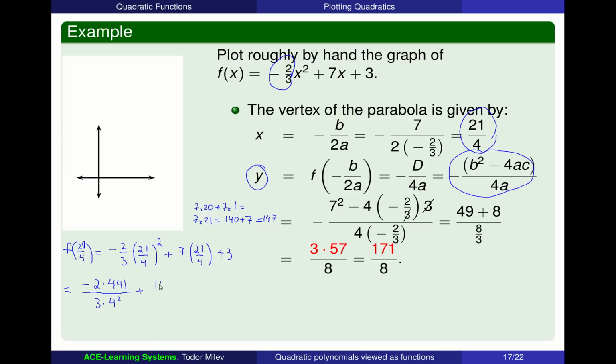So that's 147 divided by 4 plus 3. So that gives me minus 882 divided by 4 squared is 16, and 3 times 16 is 48.